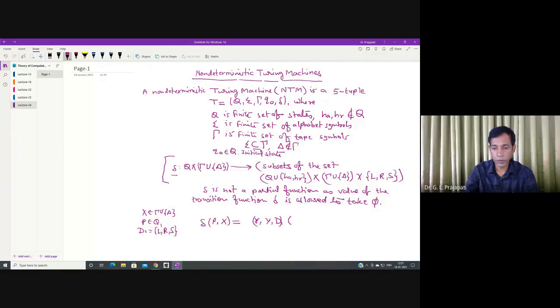The other output can be that your machine goes to the state S, writes the tape symbol Z, and moves the tape head in direction D2, which can also take a value from L or S. So these are the possible outputs.